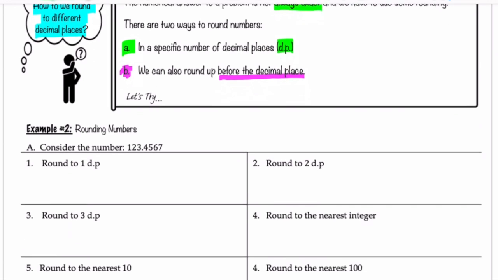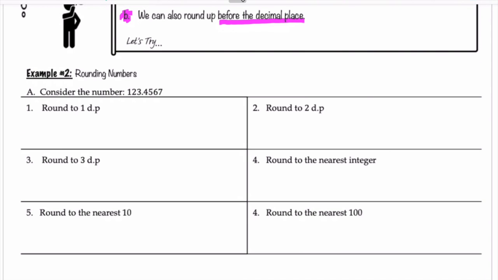Example 2, rounding numbers. We have A, consider the number 123.4567. So number 1 wants us to round to 1 dp, 1 decimal place value. 1 decimal place value is the tenths place. So that would be 123.5. For number 2, we want to round 2 decimal places, which would be to the nearest 100.